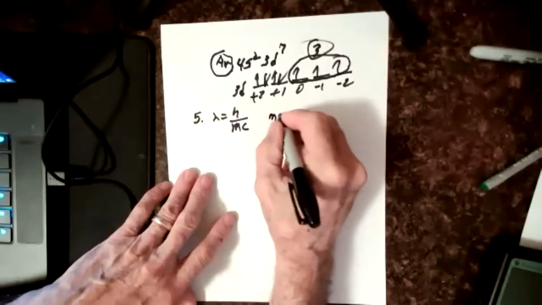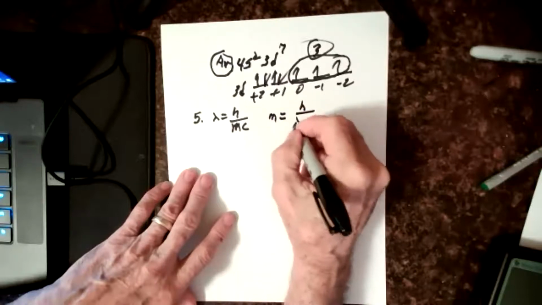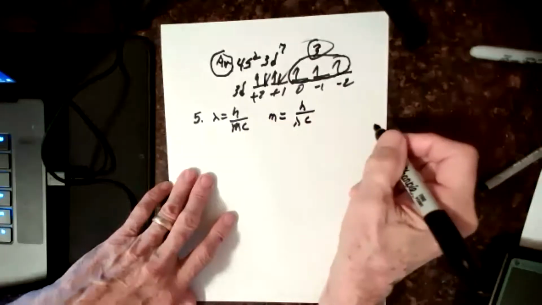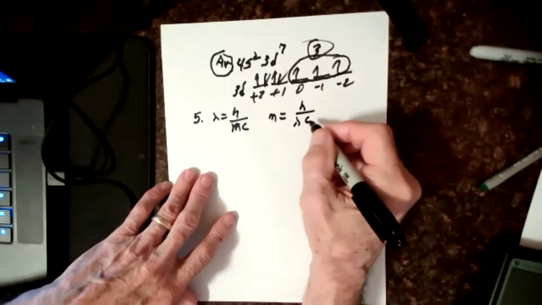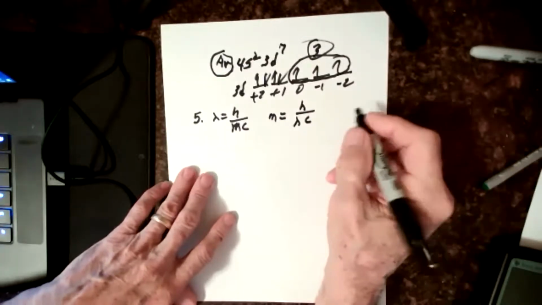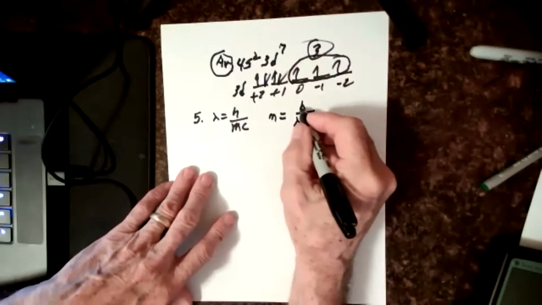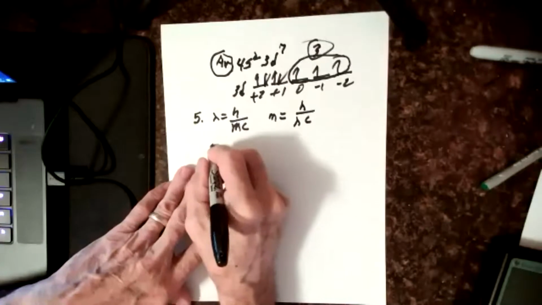The mass then is going to be h over lambda times c if we solve for mass. Okay, now we've got everything we want. We got Planck's constant, we got the speed of light, and we got the wavelength given. So let's plug in the numbers.